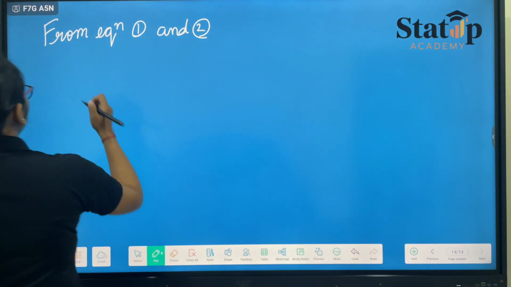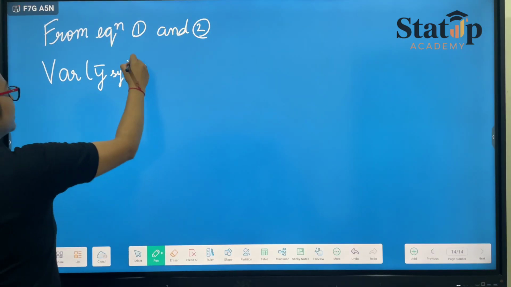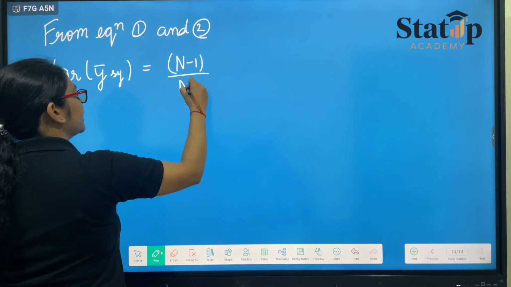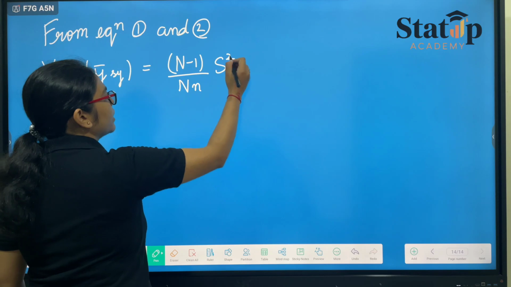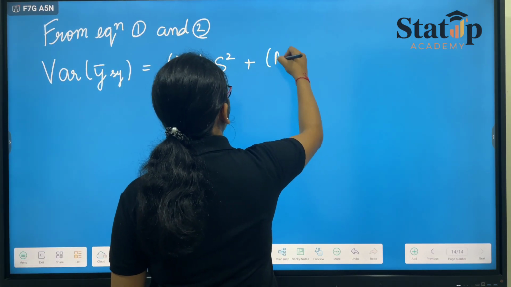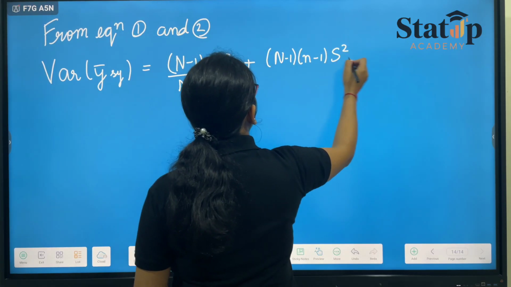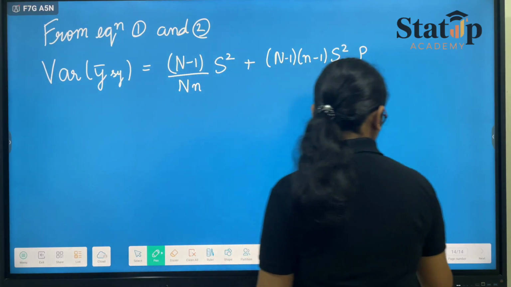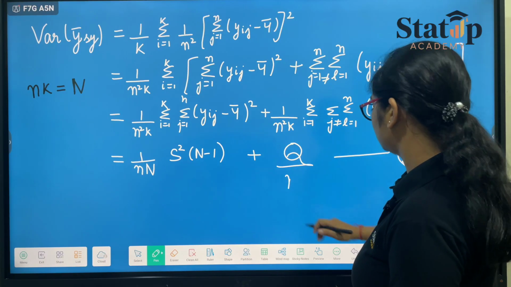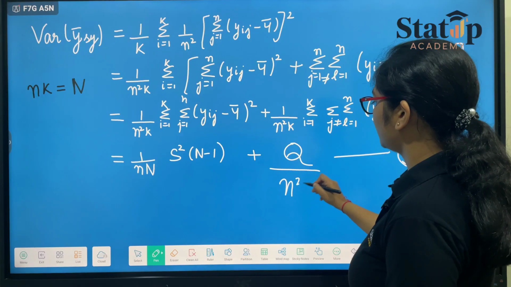From equation 1 and 2, we can say that variance of y bar systematic is nothing but (N minus 1) upon capital N into small n S square plus (N minus 1)(n minus 1) S square into rho, and there was one more thing in the denominator, it is 1 upon n square k.